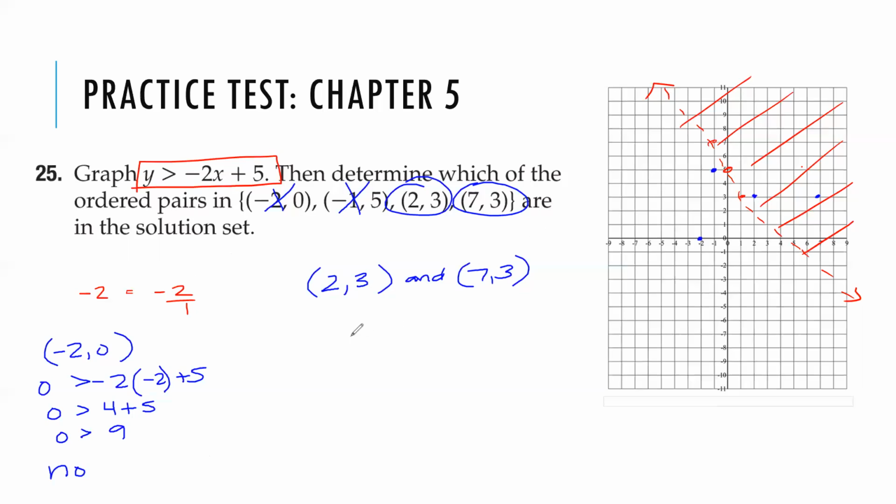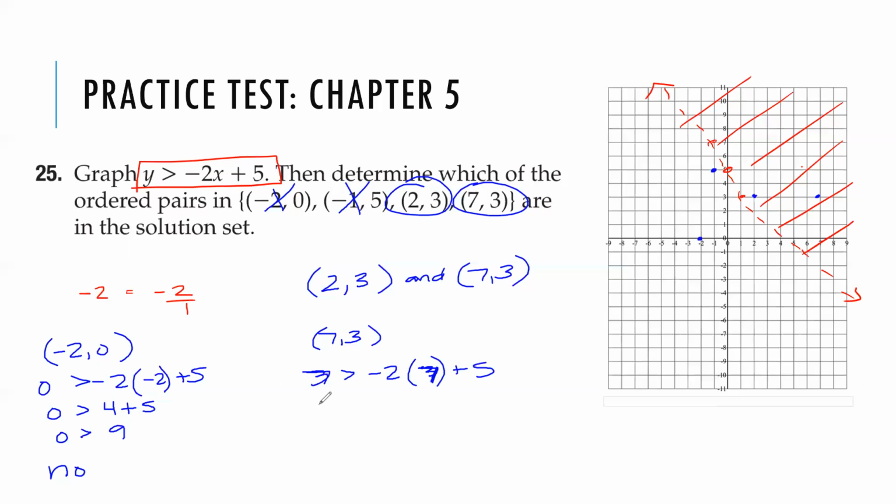And let's just try one that we know is. We'll try 7, 3. So I put in 3 for y, greater than negative 2, and then x is 7, and then plus 5.